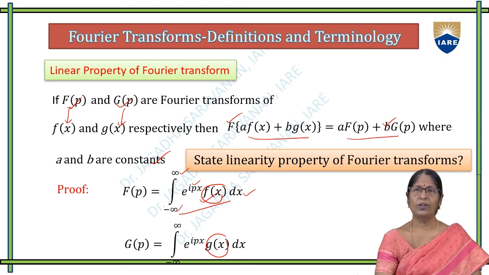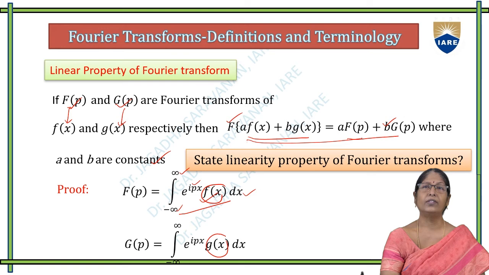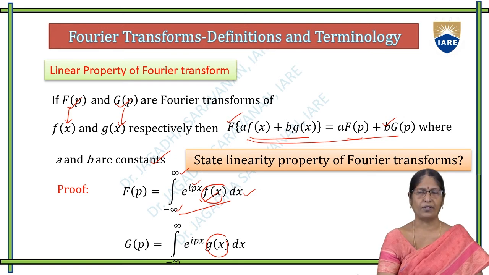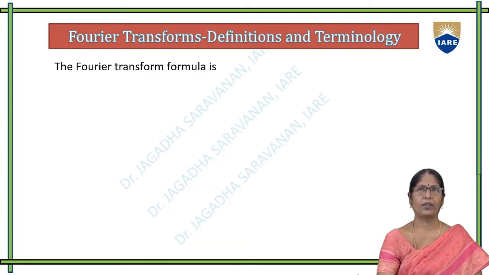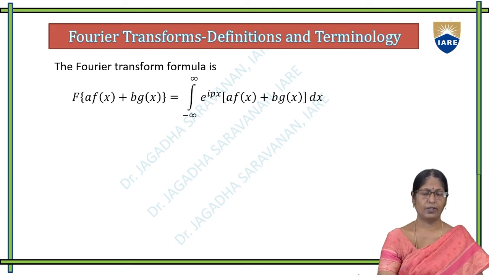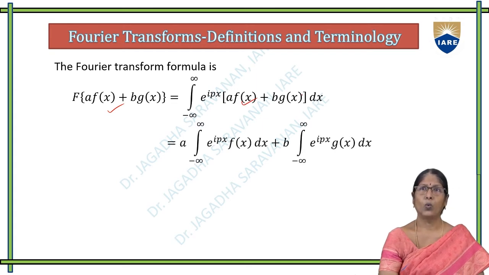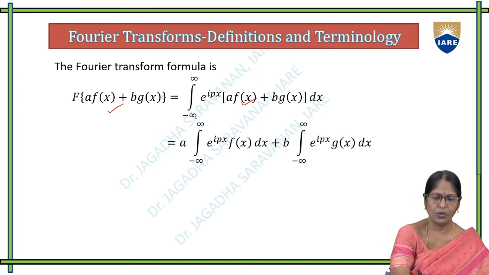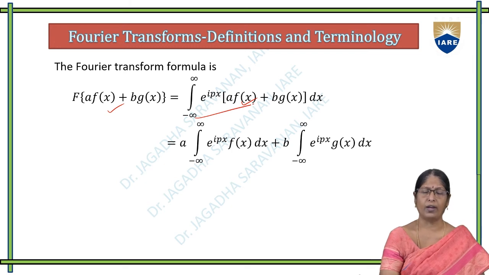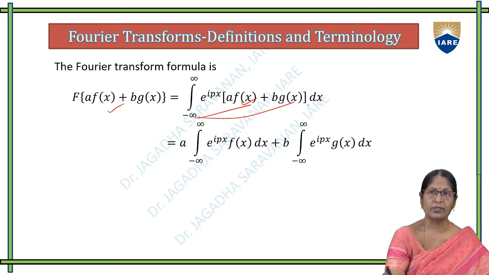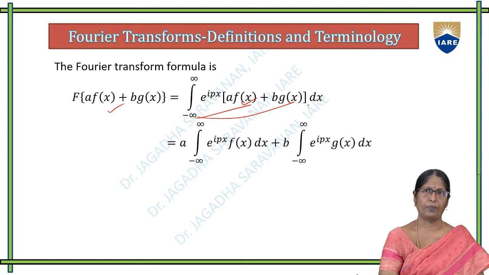So now, state the linearity property of Fourier transform. If this question is asked, we can write it in a single line using this formula. Now the Fourier transform formula is this; up to here we have taken one integral formula, and this is the second integral formula.